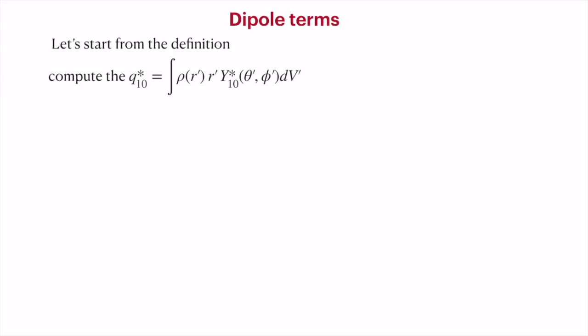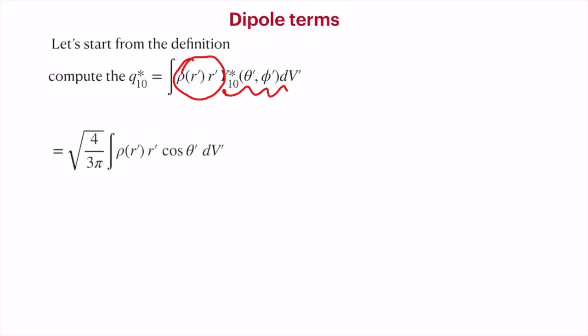Let's start with the dipole term. So we have a definition of dipole. It's r into rho. Of course, we have Y_lm, which is not present in the case of the Cartesian system. Of course, you can put Y_10, which is cos theta. But if you look at this, r cos theta is actually the z component.